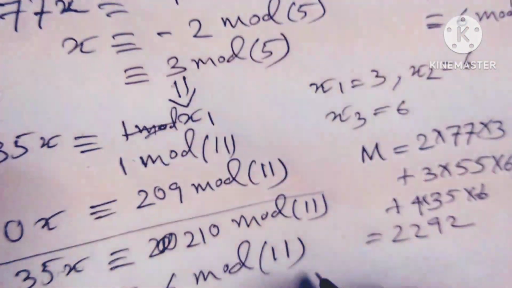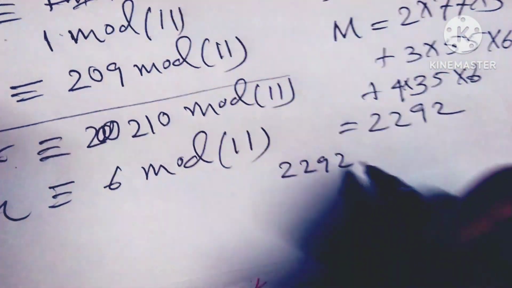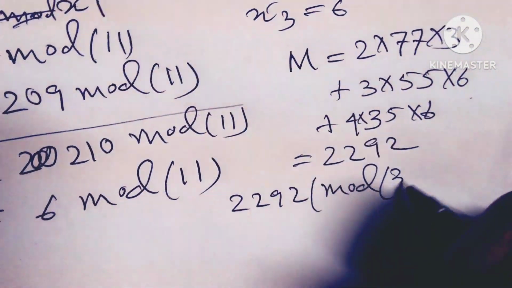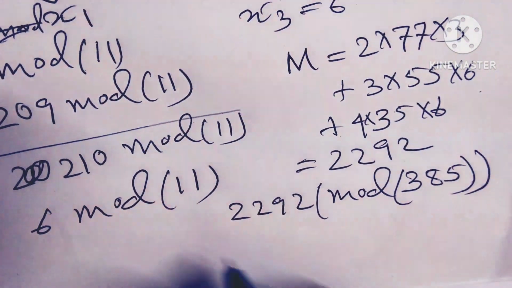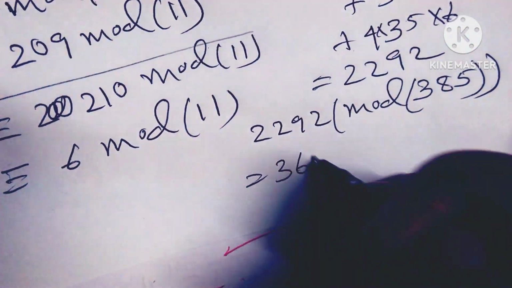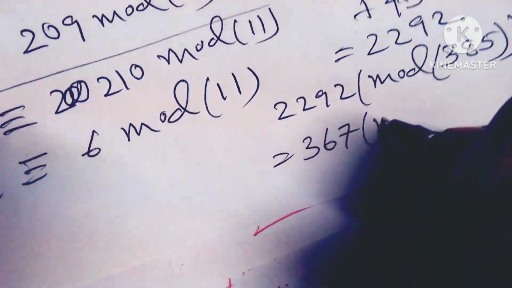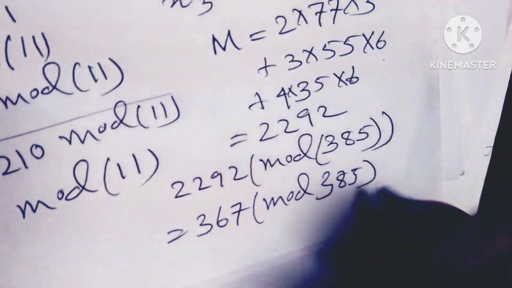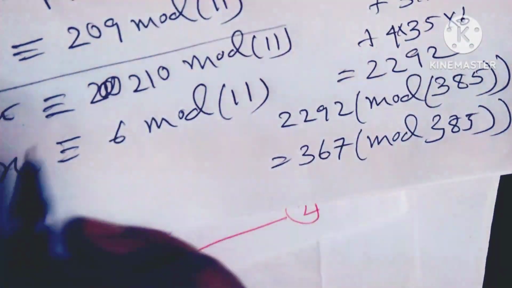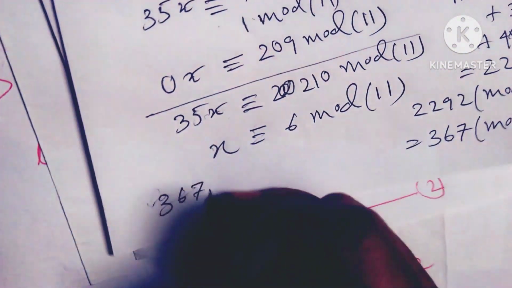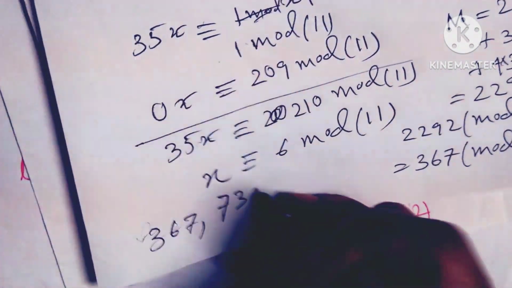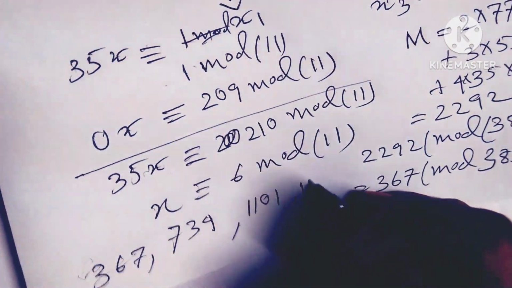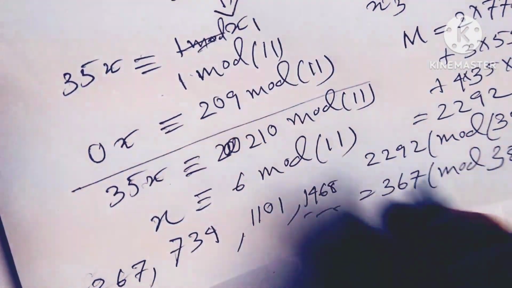So the unique solution is 2292 mod 385, and it can be written as 367 mod 385 by the modulus property. So friends, the solutions are 367, 734, 1101 and 1468, up to infinity.